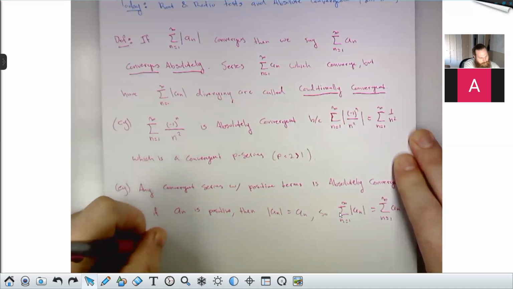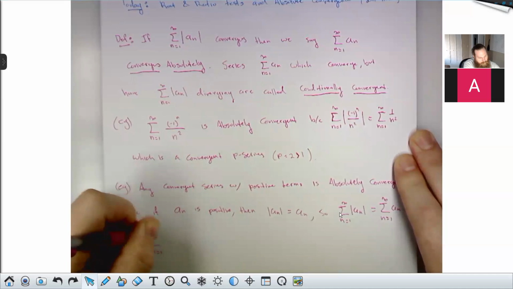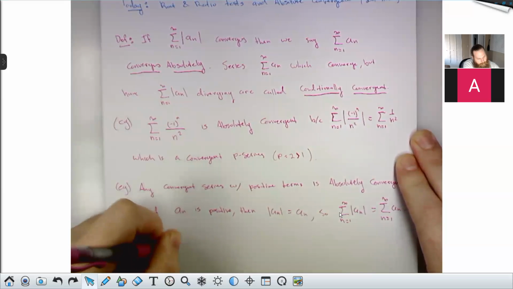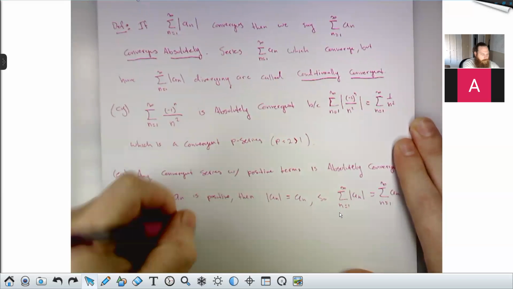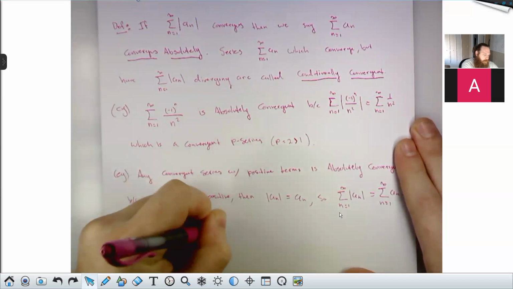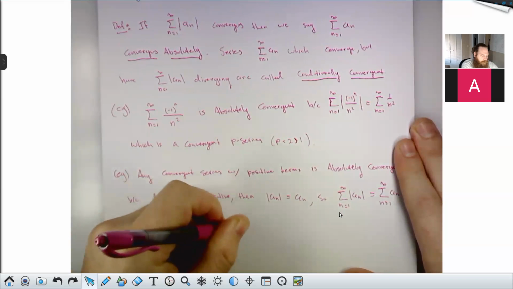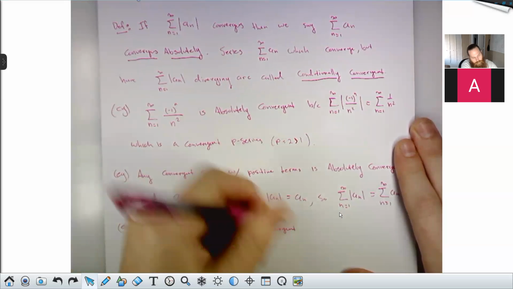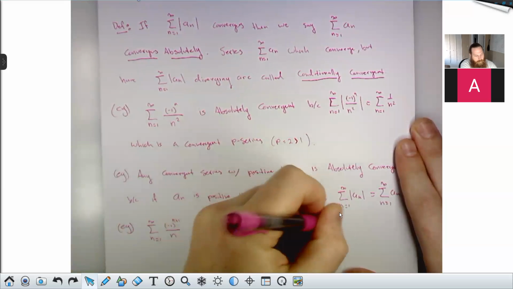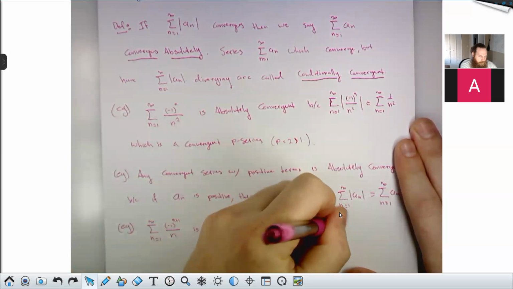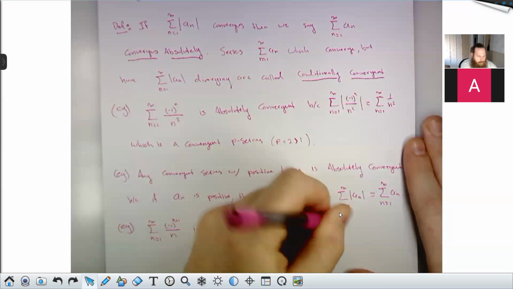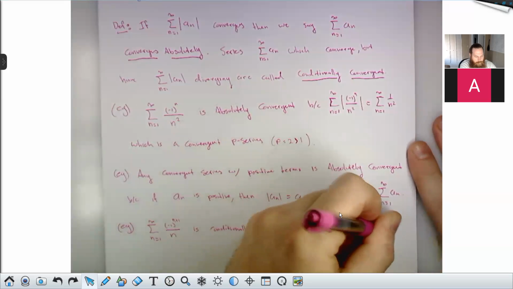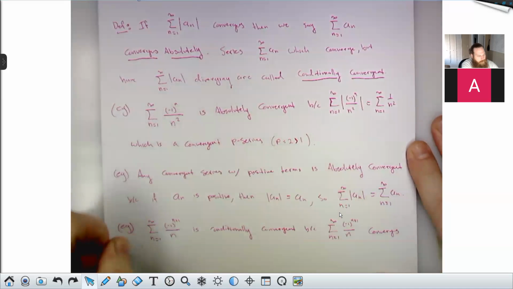The series that we were playing with last time, this guy is conditionally convergent. Because this series converges by AST.